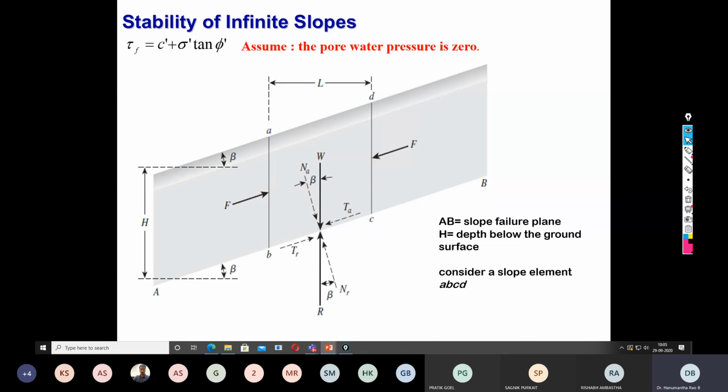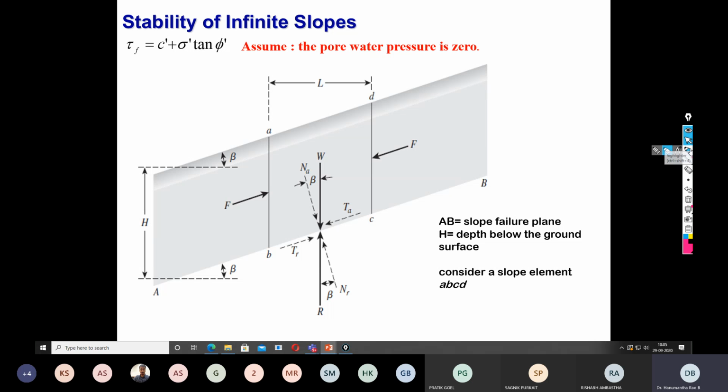Beta is the angle made by this slope, and AB is the tentative failure plane. It is presumed that along this failure plane the landslide is going to happen.